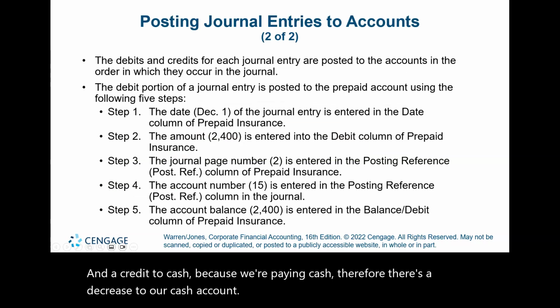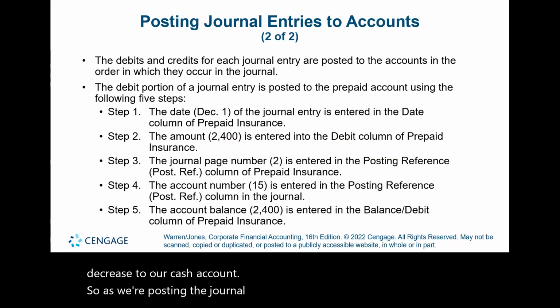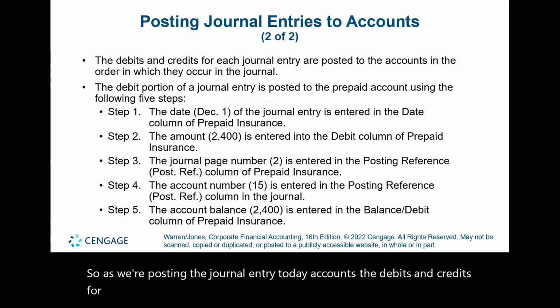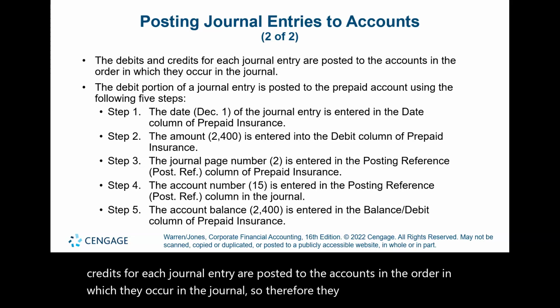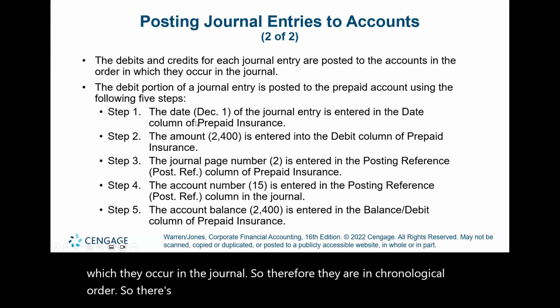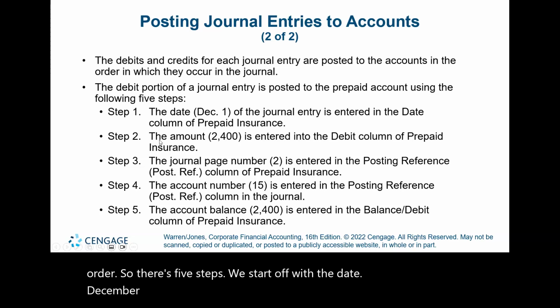So as we're posting the journal entry to their accounts, the debits and credits for each journal entry are posted to the accounts in the order in which they occur in the journal. So therefore they are in chronological order. So there's 5 steps. We start off with the date, December 1st. Step 2, the amount that's entered into the debit column of prepaid insurance.